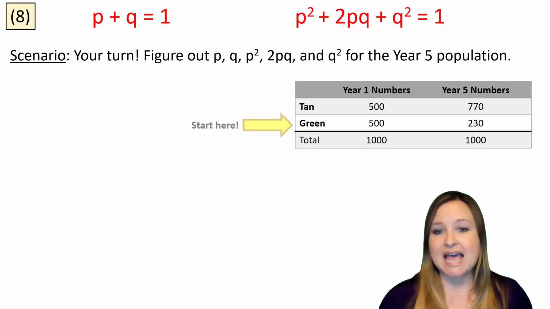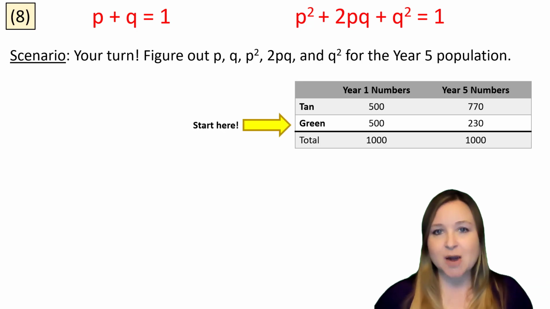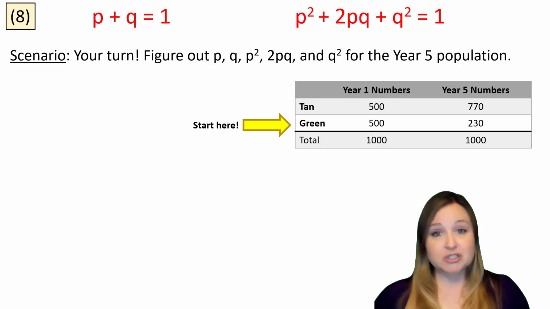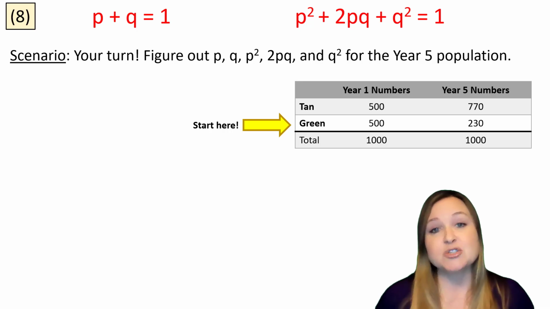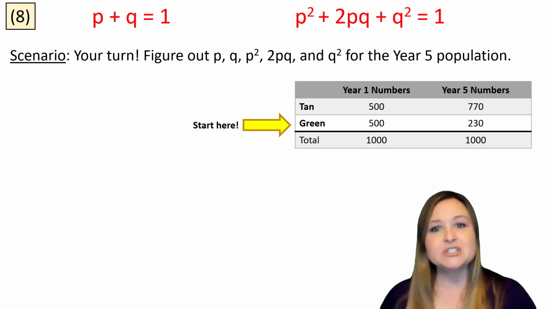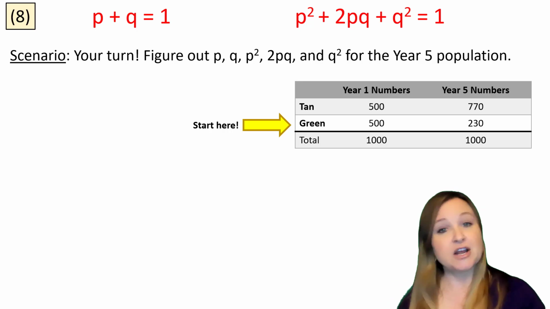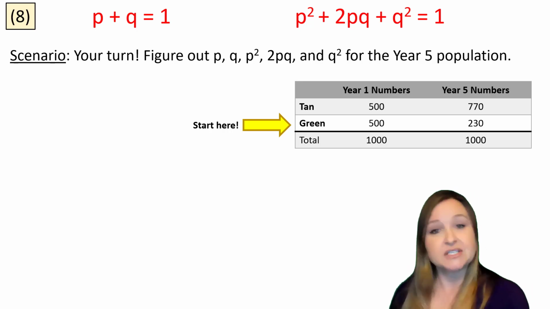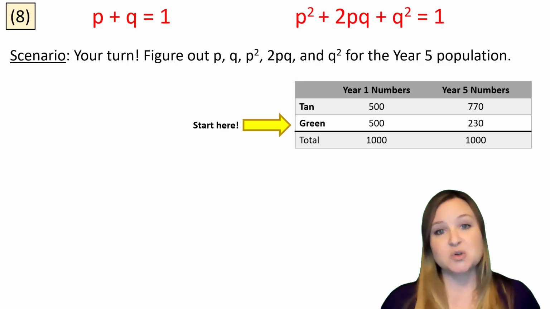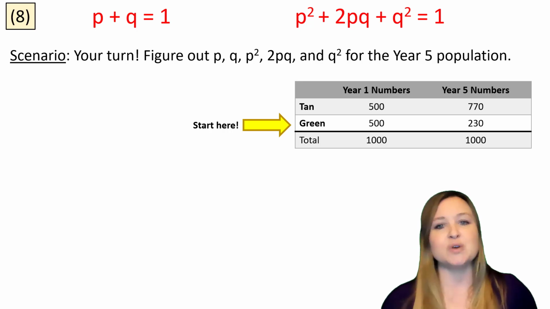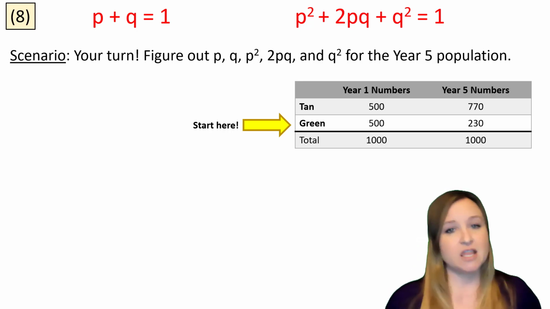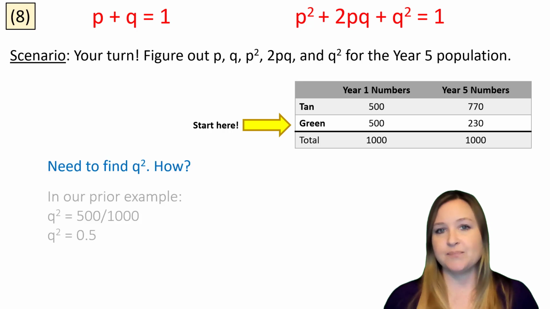Now, the first hint I have for you is to start here, right? We know that green grasshoppers, those are little t. That's the homozygous recessive phenotype. That is Q squared. So if you can figure out the proportion of green grasshoppers at year 5, well, you've got Q squared. And from Q squared, you can go on to find Q, P, and then P squared and 2PQ.